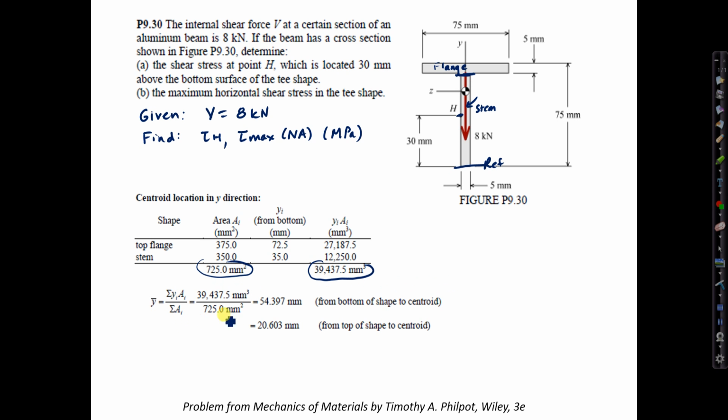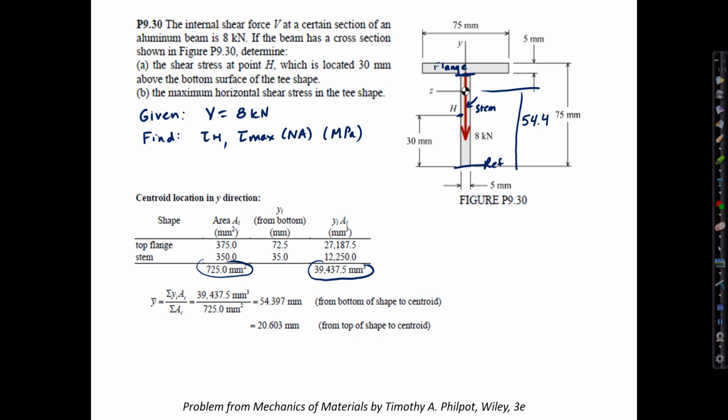The overall centroid being this number divided by the area gives us a value of 54.4, and that locates the centroid from the bottom. So I'll denote that right here on my figure. About 54.4. We've also computed the distance from the centroid to the top of the shape, which is 75 minus 54.4. We actually won't need that for the rest of the problem, though.